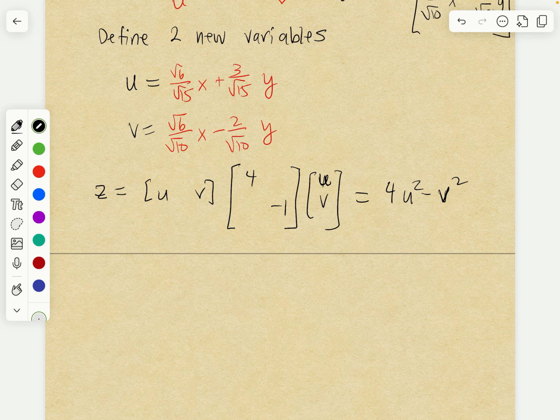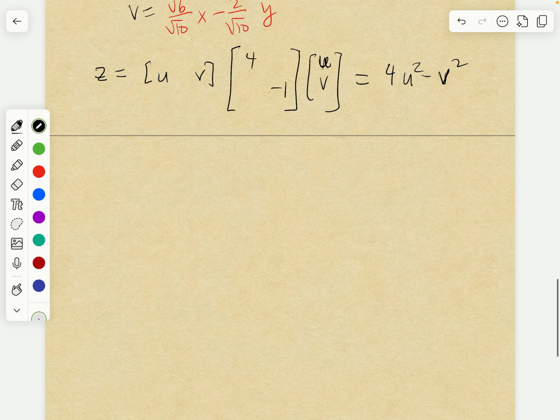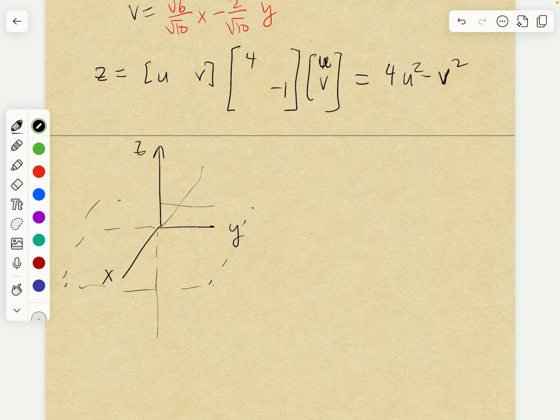So let's think about what's going on in terms of the graph. Originally, we have the x and y axes here, and that gives you this xy plane, and then you have the z-axis, like this. And with that, you get the graph of this function that's hard to visualize. But now what we're going to work with is a different set of axes.